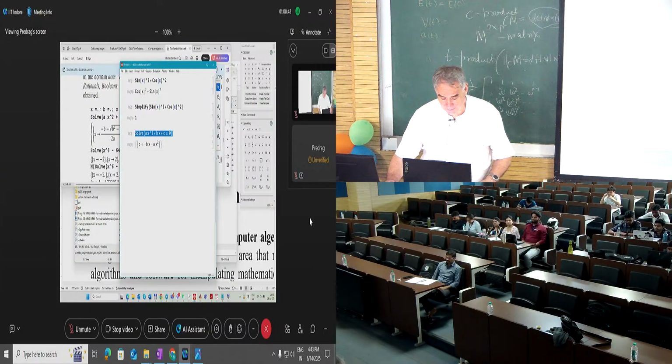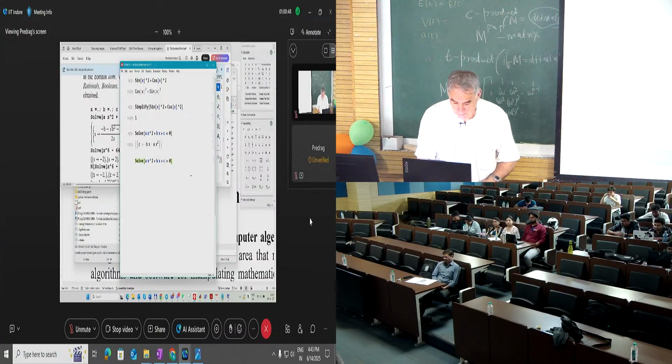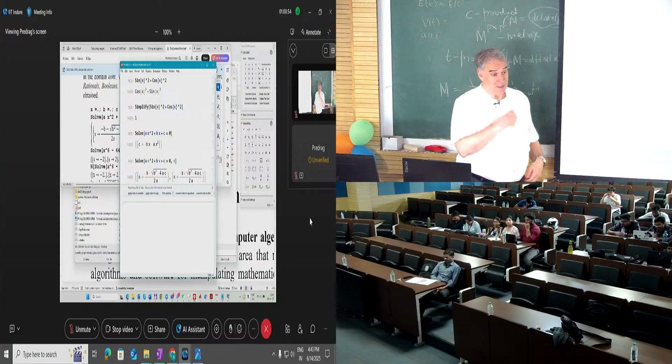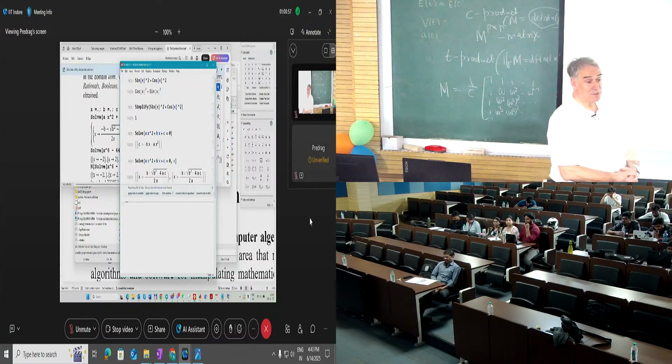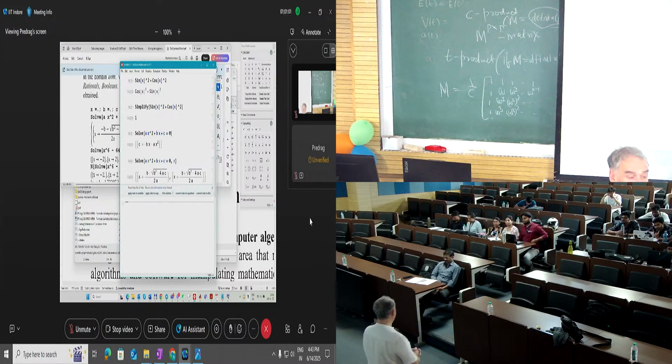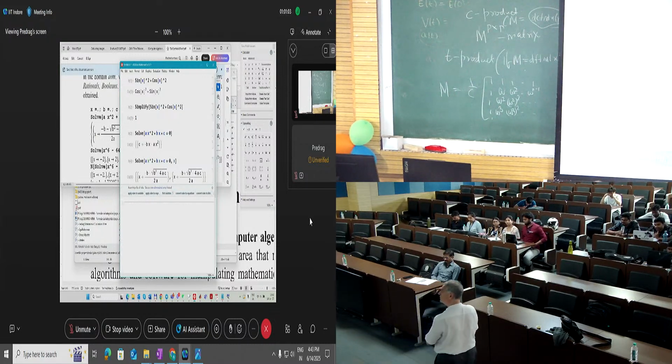We can specify the variable with respect to which we want this equation to be solved, X. And here is our well-known solution from second class of high school, the quadratic equation, and here are 2 possible solutions.